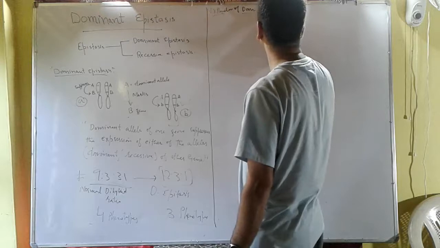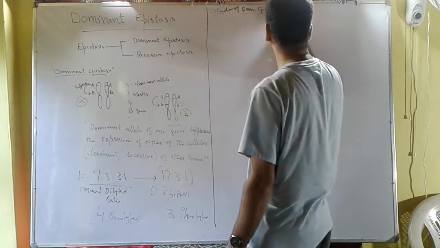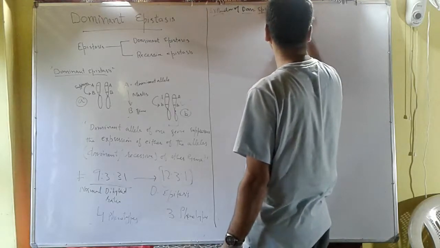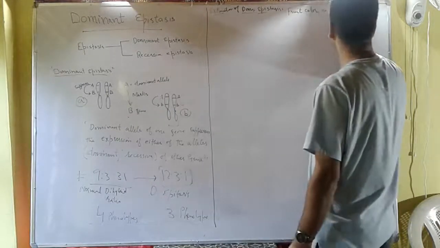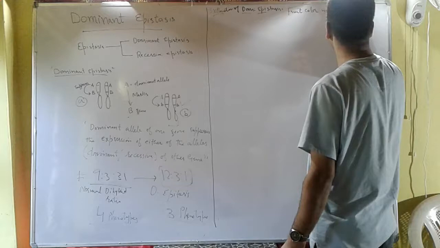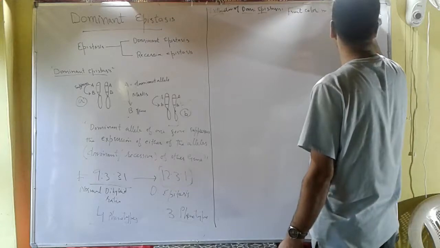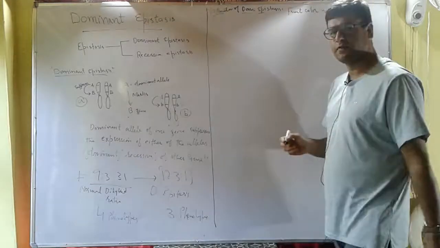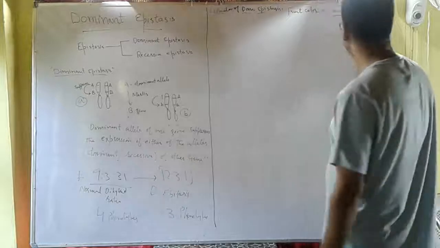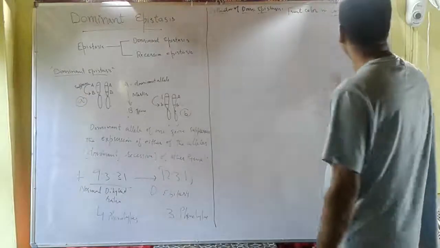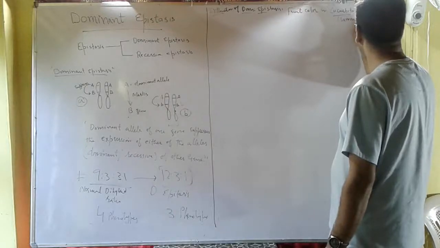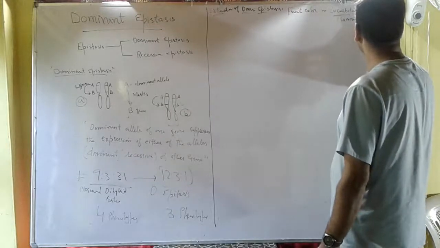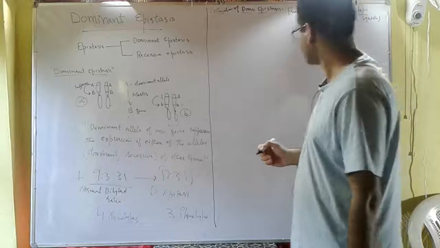It belongs to family Cucurbitaceae, simply a pumpkin. Commonly it is called summer squash.